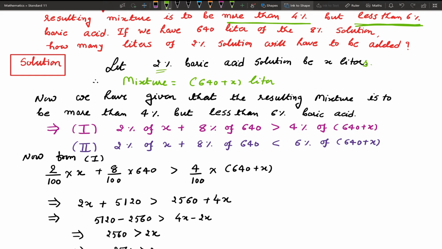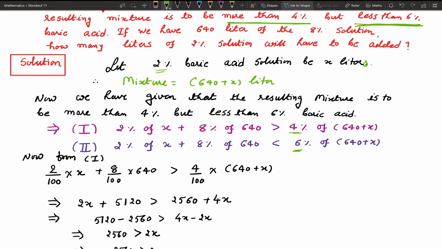So we have given that resulting mixture is to be more than 4%, and less than 6%. But more than 4% what? We have added x liter having 2%. So 2% of x plus 8% of 640 liters is greater than 4% of total mixture 640 plus x liter. Again you take care.